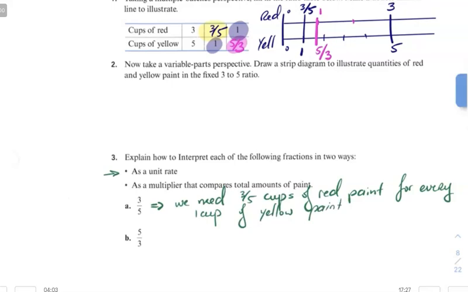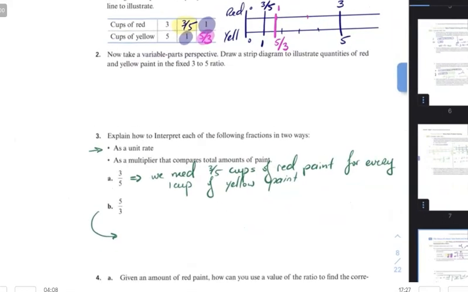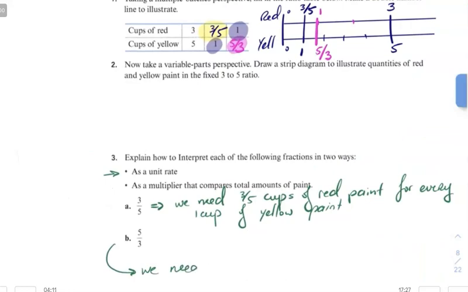Okay, and conversely, for 5/3, we need 5/3 of yellow paint for each 1 cup of red paint. Okay, for each 1 cup of red paint. All right, so that's great. So that's a unit ratio, and it's very helpful as well.